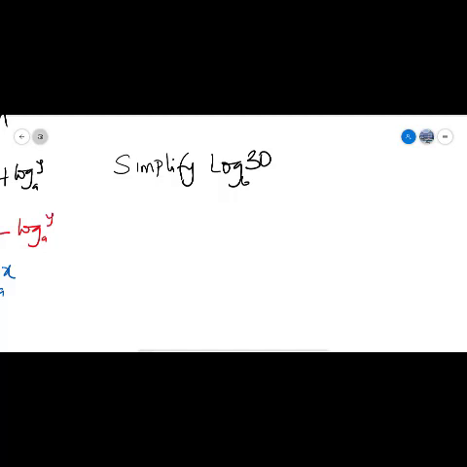Now you must understand that 30 as a number has factors. So we know that log 30 base 6 is equivalent to saying log 6 times 5, since they are both factors of 30.